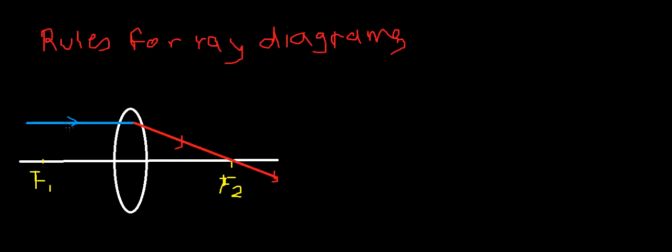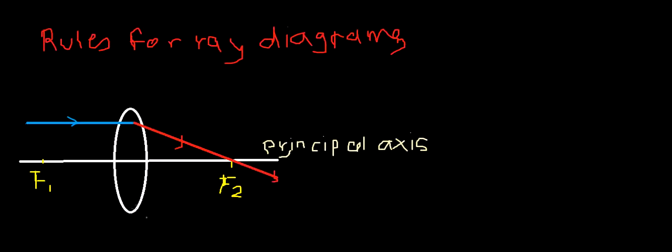So when it's parallel to the principal axis, let me label this line as principal axis. Sorry, the principal spelling. This is my principal axis.